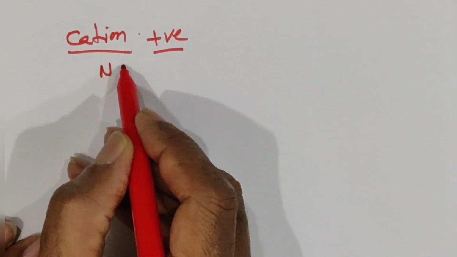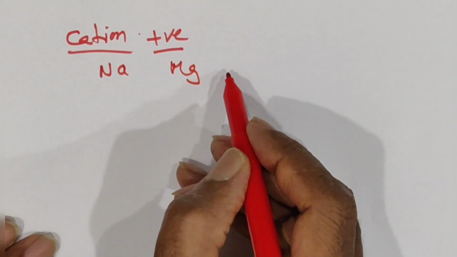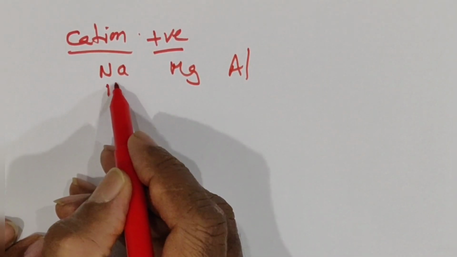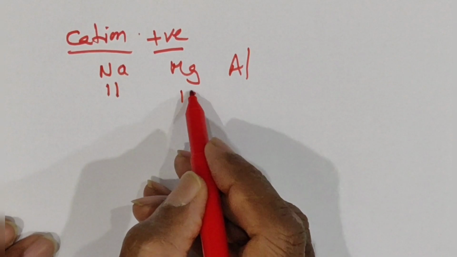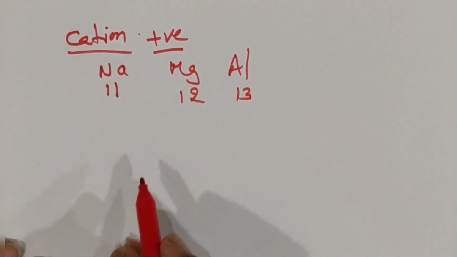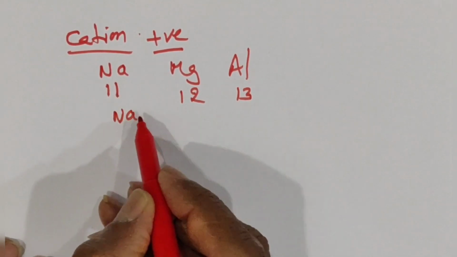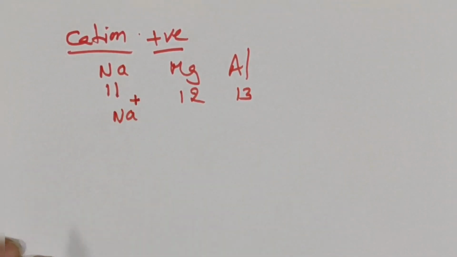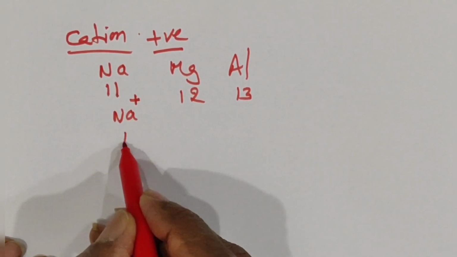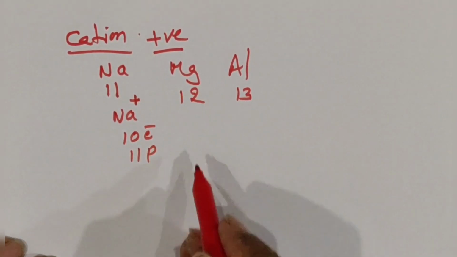For example, take sodium, magnesium, aluminum. Sodium has atomic number 11, magnesium 12, aluminum 13. When sodium loses one electron, it has only 10 electrons and a positive charge, that is 10 electrons and 11 protons.